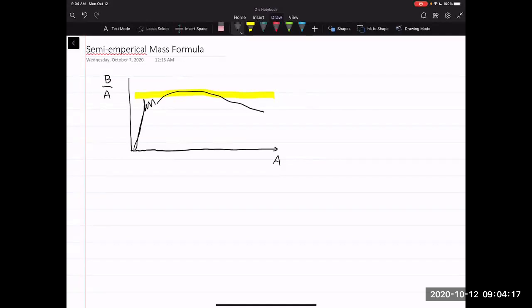If we do, then knowing the mass number A, we can estimate B over A. Of course, we have the very rough estimation, which is just a constant around 8 MeV. But can we understand a little bit more of this curve?